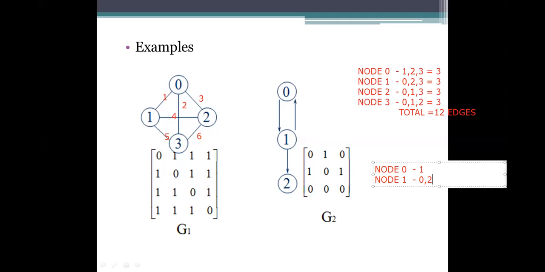Okay. And coming to node 2, are any edges there? No edges. Okay. The count is 1 here. The count is 3 here. The count is 0 here.